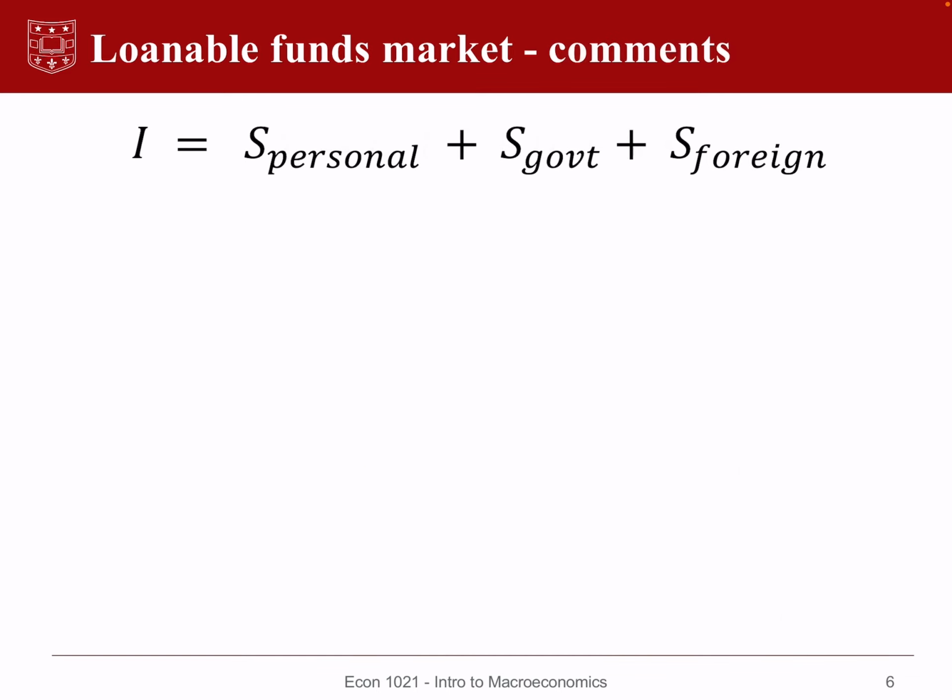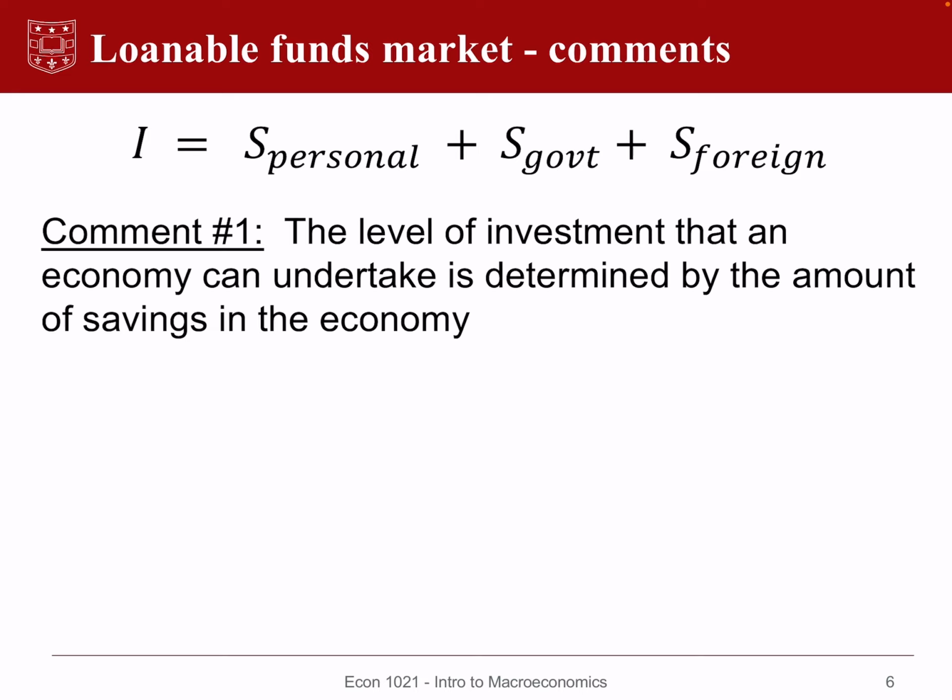So rewriting this equation again, we can make a couple of comments. Comment number one is that the level of investment that an economy can undertake is strictly determined by the amount of savings that an economy can generate. And this is why we see so much talk about budget deficits, which are negative savings, or what can we do to stimulate private sector savings?